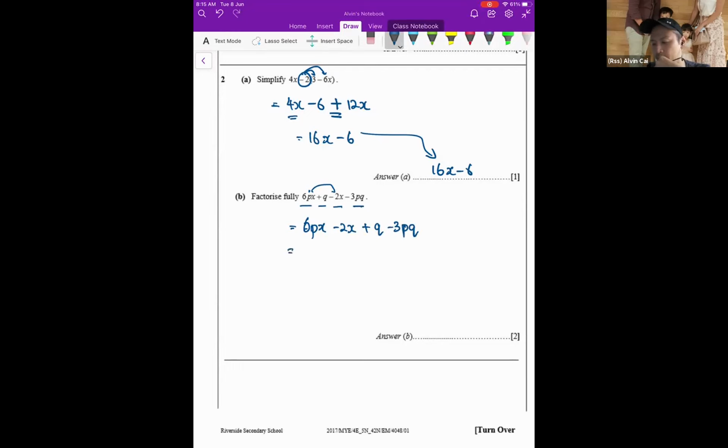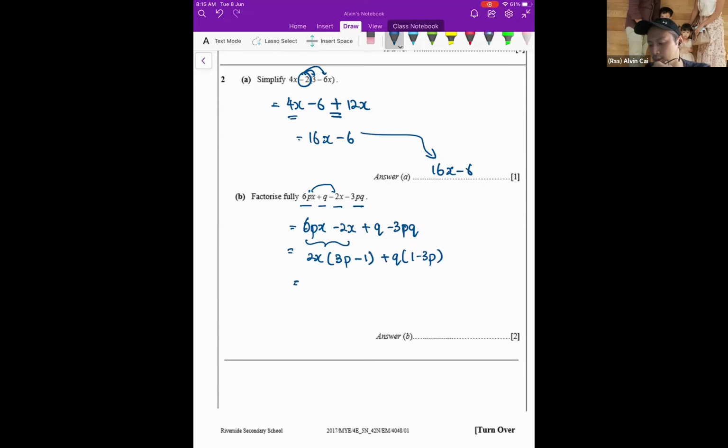After you rearrange, we try to take out the common factor, which is 2x. That will be left with 3p, so this will be minus 1. And here, we will also take out the common factor. There's a q over here, but this will be 1 minus 3p.